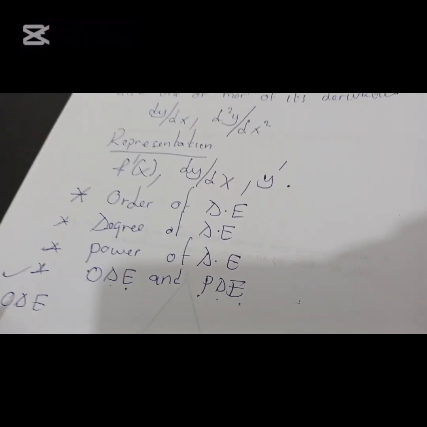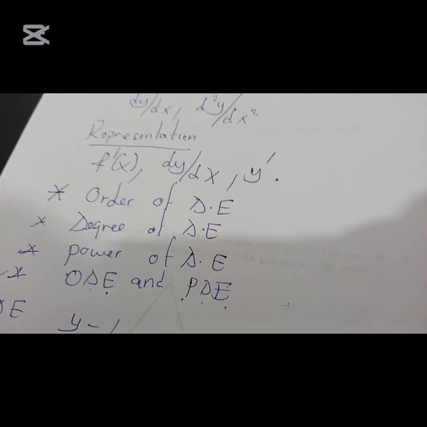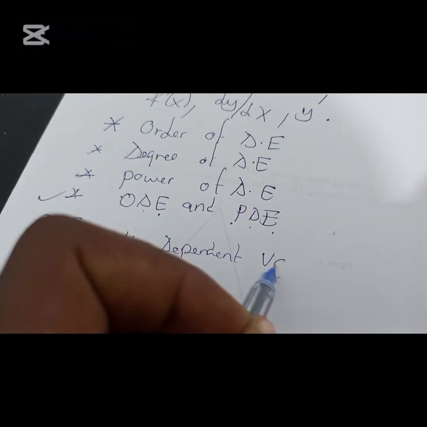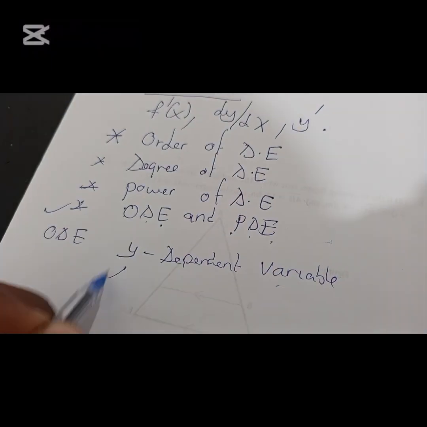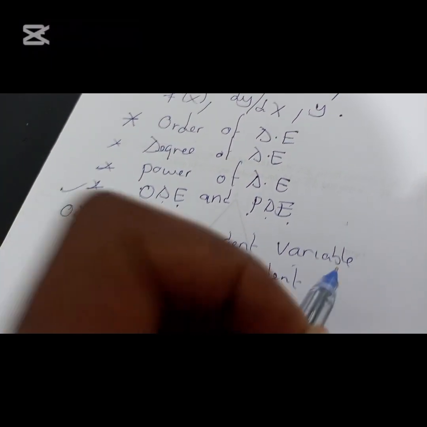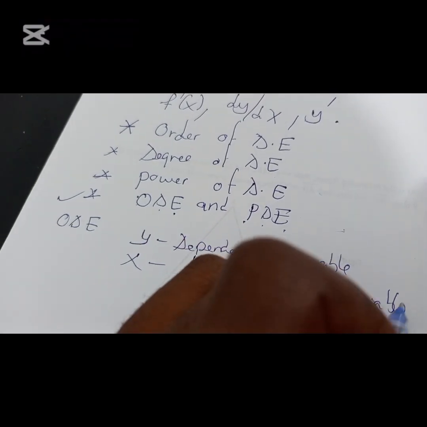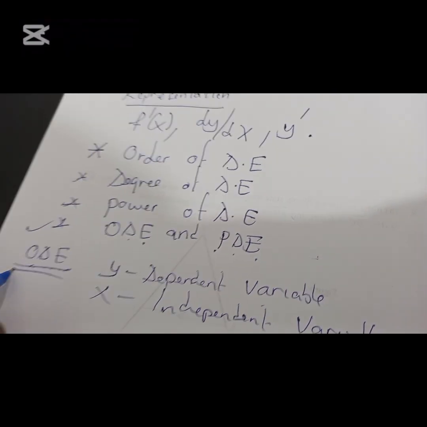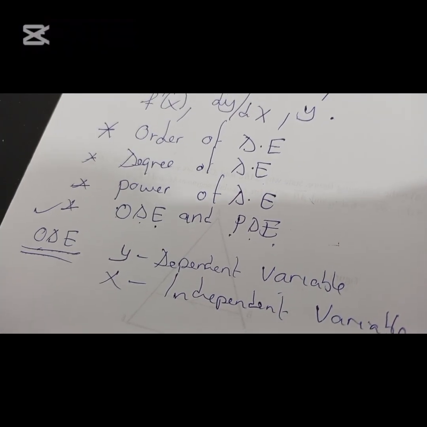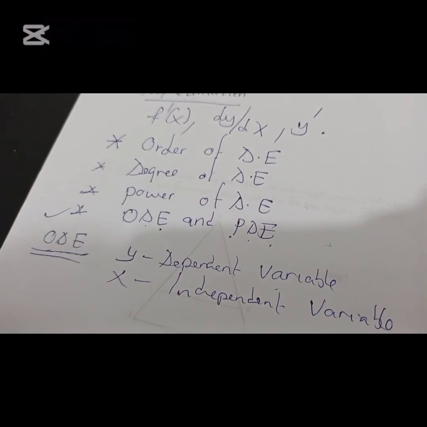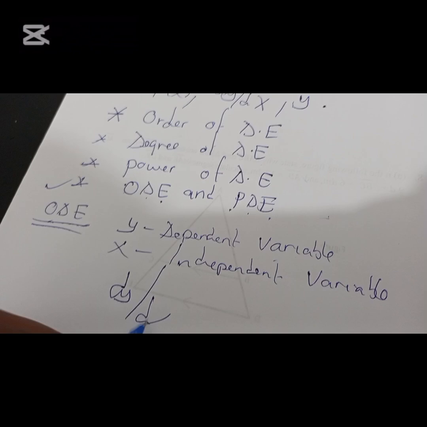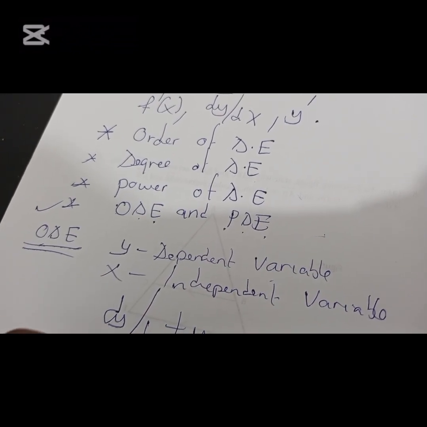Here y is the dependent variable and x is the independent variable. In an ODE, the derivative is with respect to only one independent variable, for example dy/dx plus y equals x.